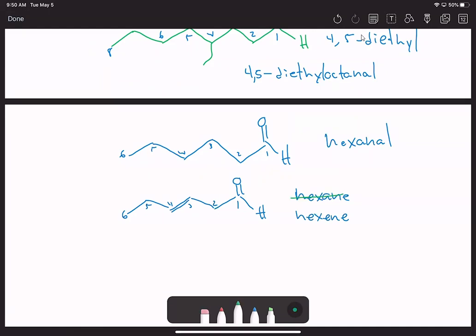Then there's an aldehyde group on there, so this is now hexenal. And that double bond began on carbon number 3, so this is actually 3-hexenal.